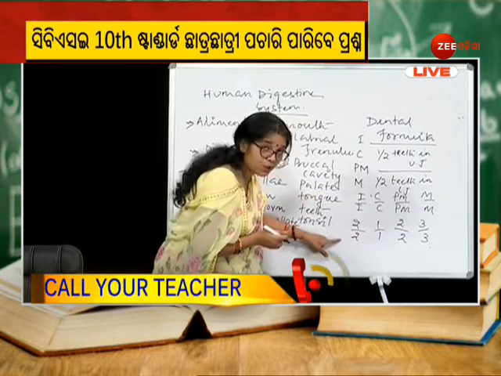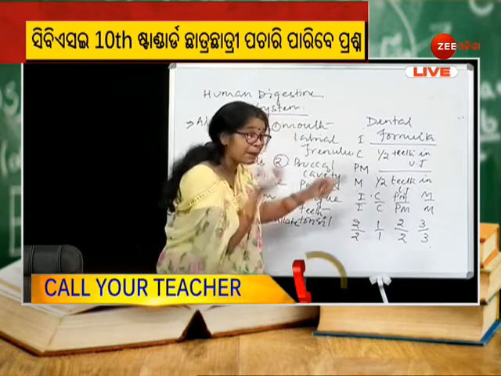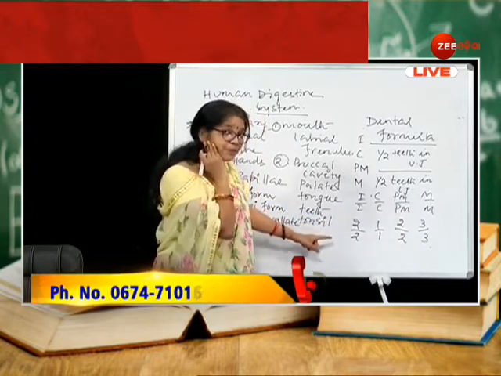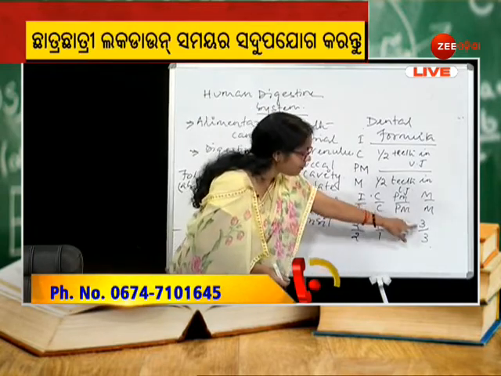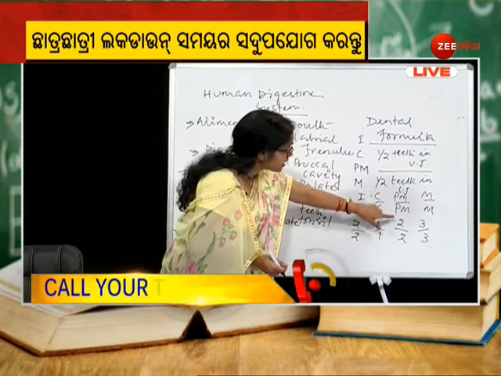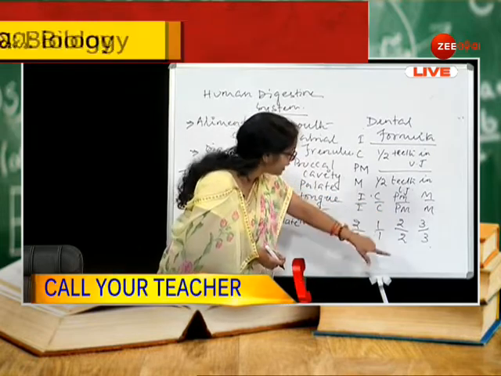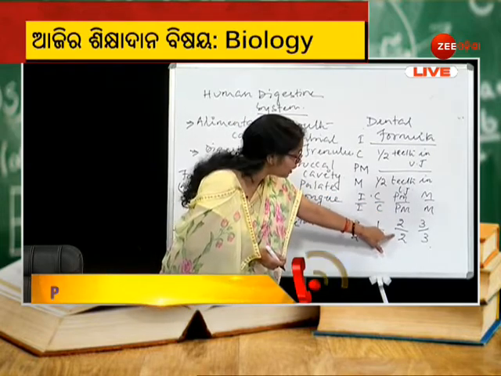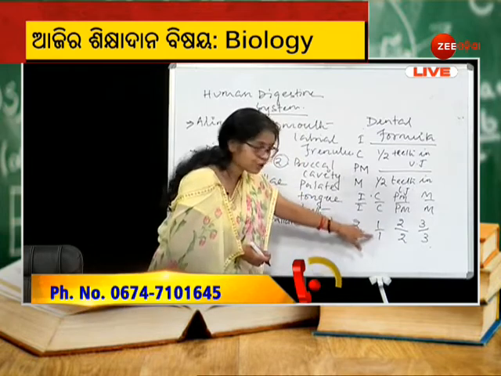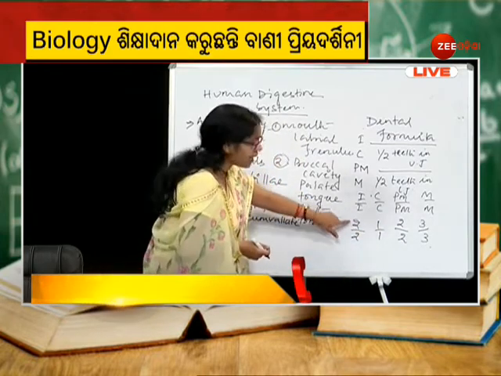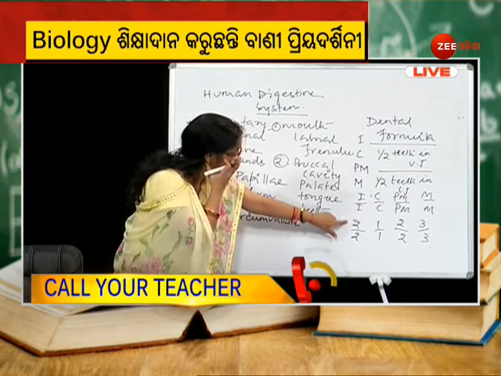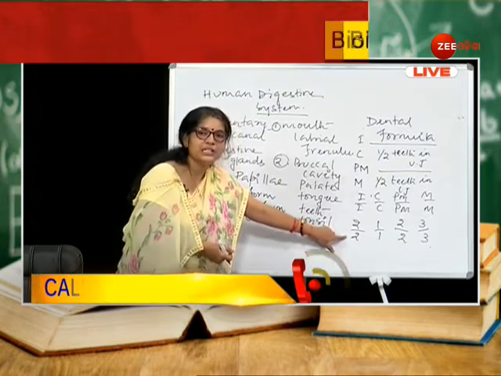So what is the total number of teeth in the half of the upper jaw and half of the lower jaw? That is 2 plus 2 is 4, 4 plus 1 is 5, 5 plus 1 is 6, 6 plus 2 is 8, 8 plus 2 is 10, 10 plus 3 is 13, 13 plus 3 is 16.